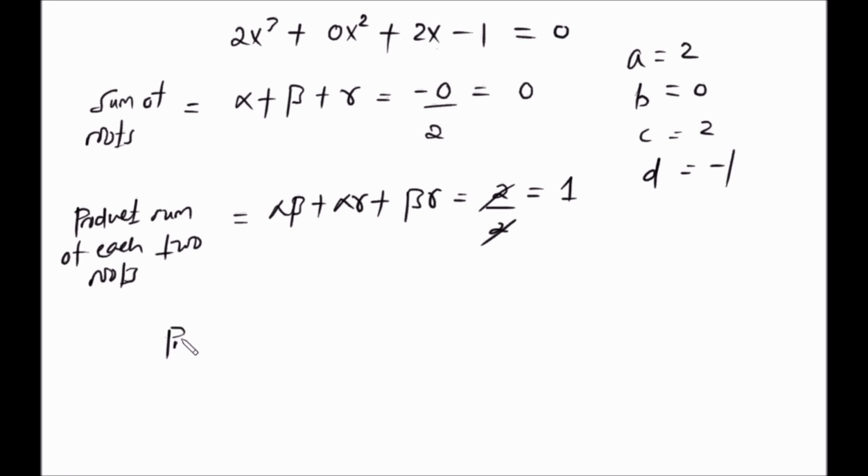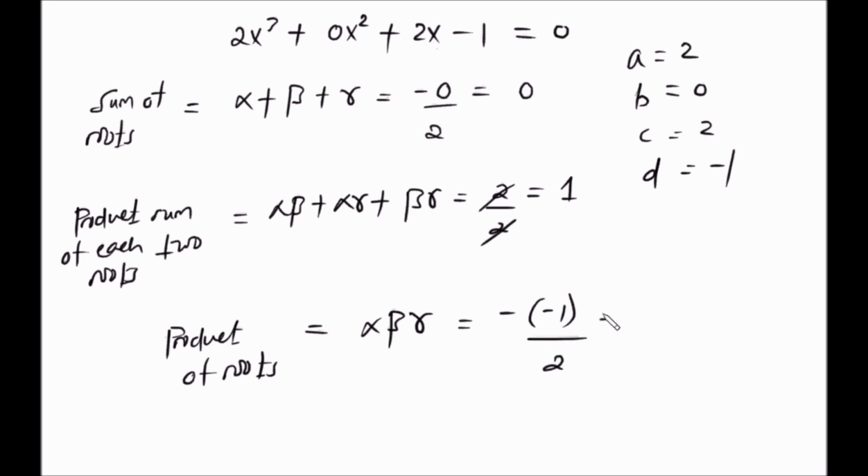And lastly is the product of roots, alpha times beta times gamma. It equals negative d over a. So it will be positive half.